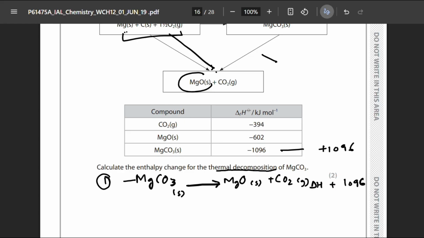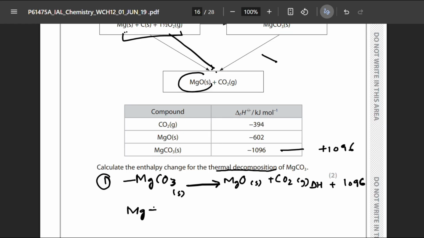Now the second equation is the equation of formation of magnesium oxide and carbon dioxide. So basically you have two equations, one of the formation of magnesium oxide and the other of the formation of carbon dioxide.